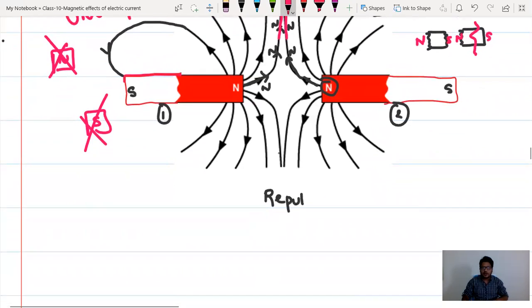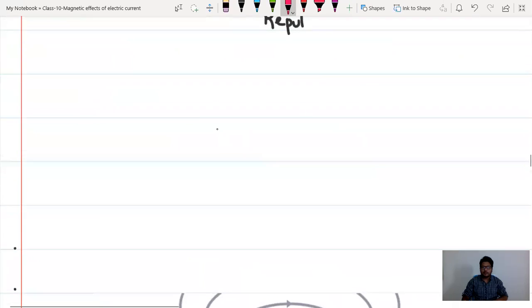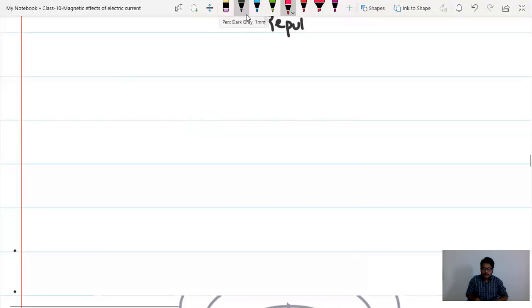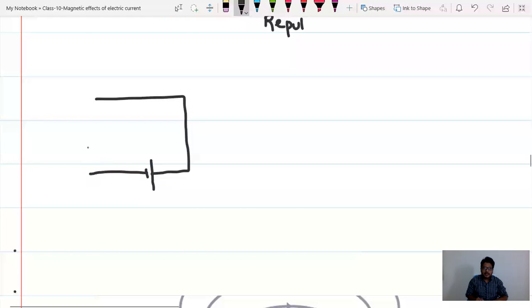And here if you observe, consider this is a circuit where there is battery. Okay, don't get confused. I'll draw like this. Where there is battery which is connected to a key. It is closed circuit. There is current, isn't it?